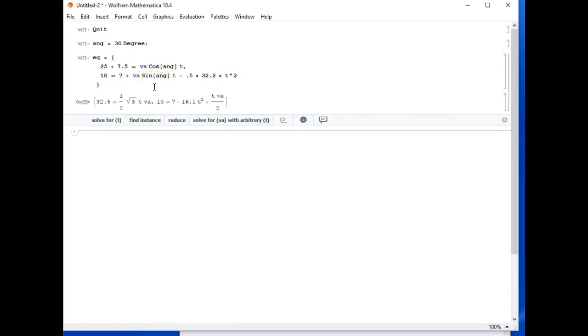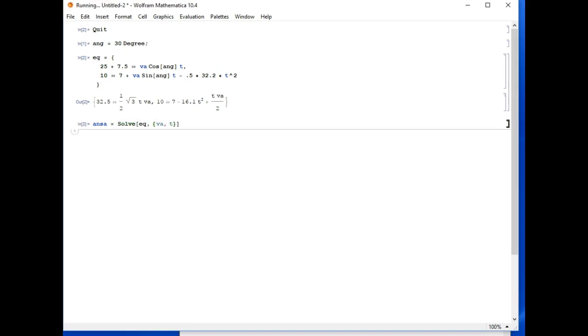All right, so I have two equations and two unknowns. I'll call the answer for part A with one equal sign, and I want to solve the equations for two things, VA and t. I really don't care what t is, but I'm going to get the VA.